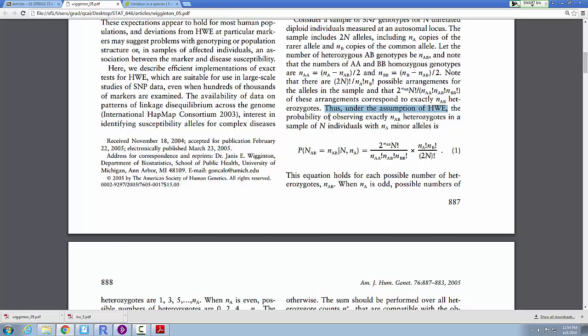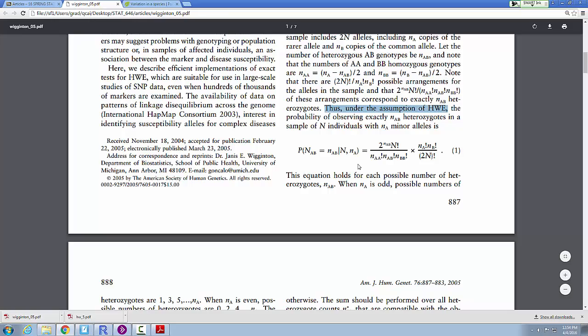We can compute, in a population with this many homozygotes, heterozygotes, and homozygote recessives, if we let breeding happen, what is the probability distribution for the number of individuals that we would see who are heterozygotes?